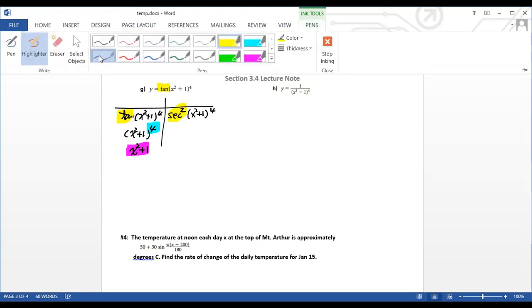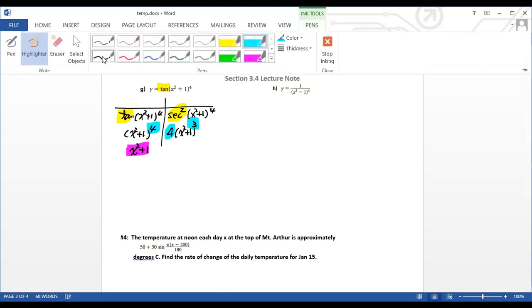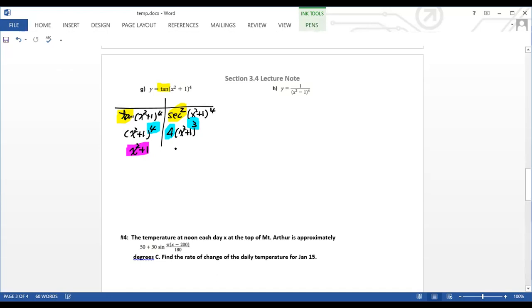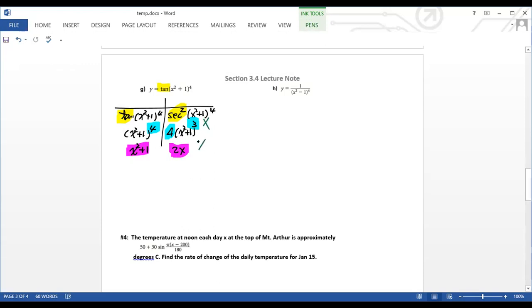For the second layer, which is a power, you take the power down, so it's 4 times x squared plus 1 to the 3rd. You see the color coding here, using the power rule. Then the last one, x squared plus 1, has derivative 2x. After that, we multiply them together.